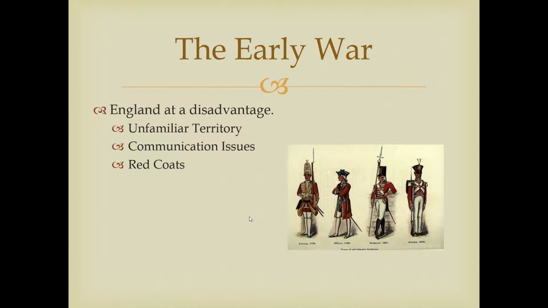And so the redcoats are basically a huge target on the British soldiers, and the colonial fighters are able to take them out because they stick out so much.